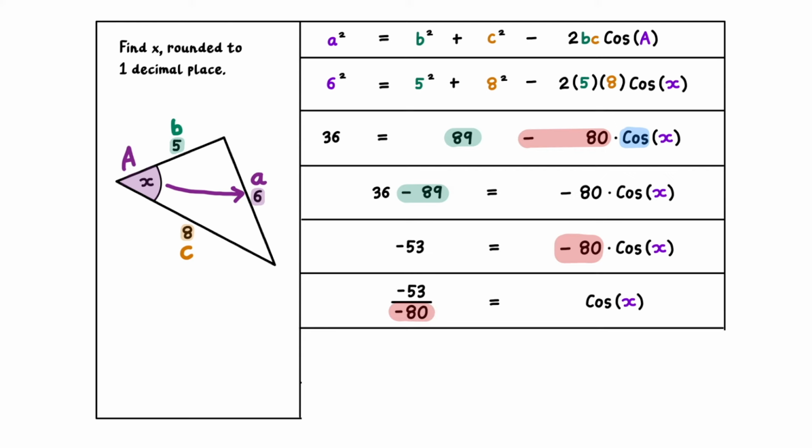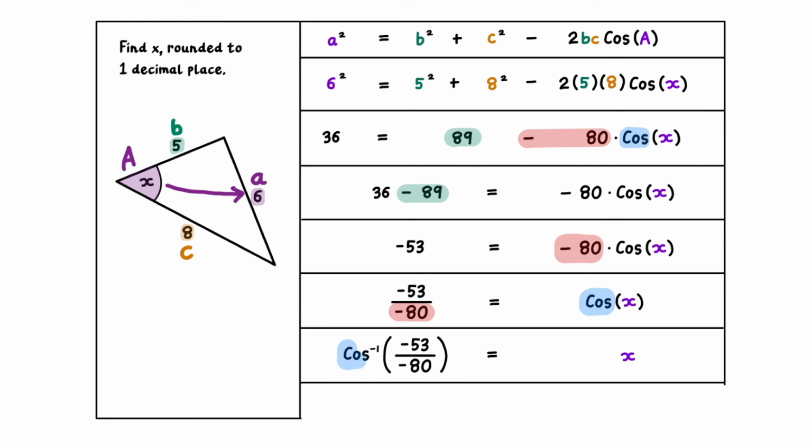To get rid of the cosine function, we should take cosine inverse of both sides. Typing the left-hand side into our calculator brings us to our final answer. x equals 48.5 degrees.